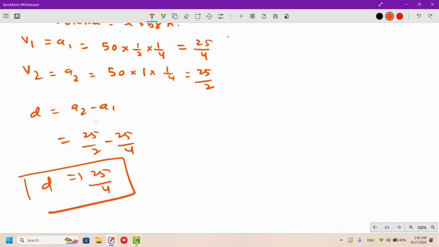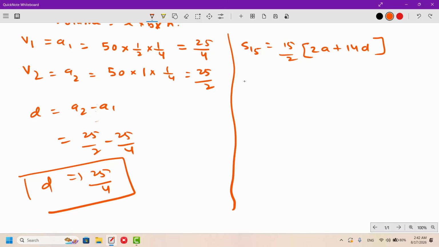Now the sum of how many steps are there? 15 steps. So we need to find S15. That is 15/2 into (2A plus 14D), right? So S15 is equal to 15/2 into (2 into A, A is 25/4, plus 14 into D, D is 25/4).